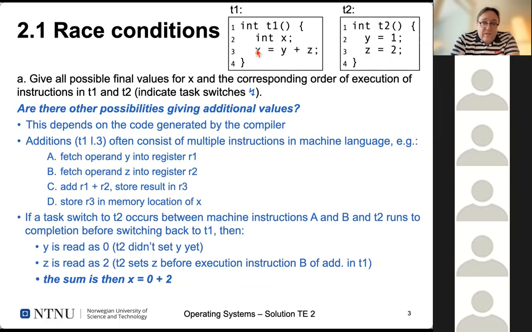For example, line 3 in machine code first fetches the operand y into a CPU register R1, then fetches the operand z as the next machine instruction into another register R2. Then it performs the addition of the register values, on a RISC CPU for example, stores this in yet another register R3, and finally it stores R3 in the memory location of x.